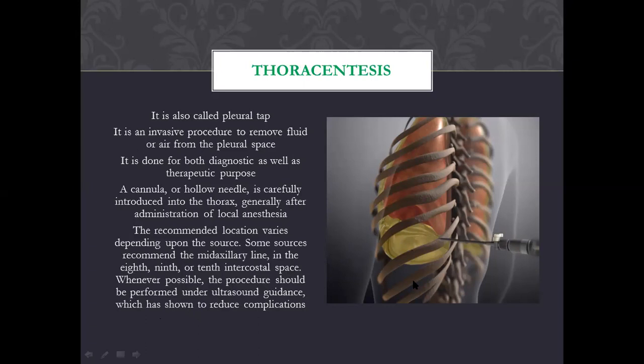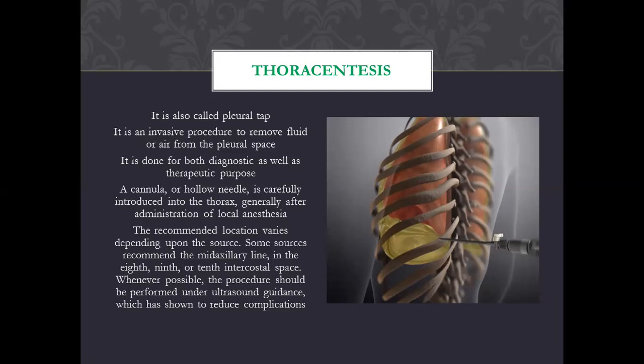This is an illustration showing the space and how to tap the pleural fluid. After counting the ribs posteriorly, we put the needle under ultrasound guidance after taking sterile measures.